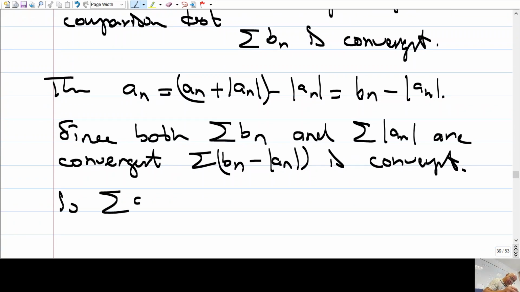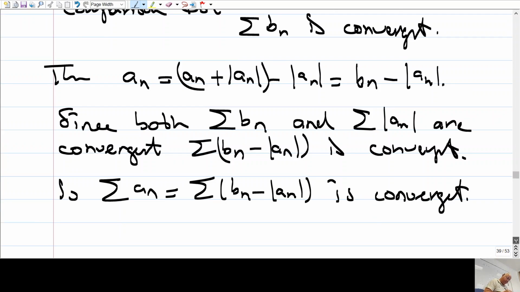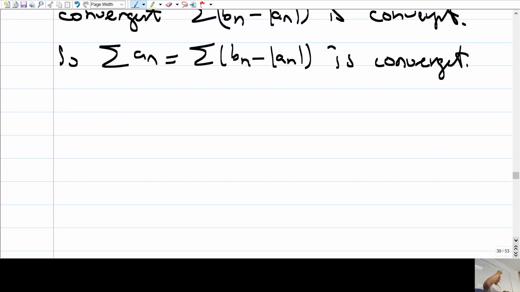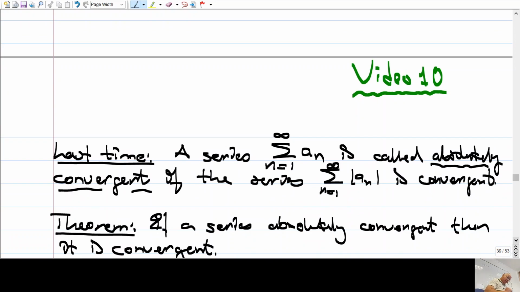So this one, which is just bn minus absolute value of an, is convergent.